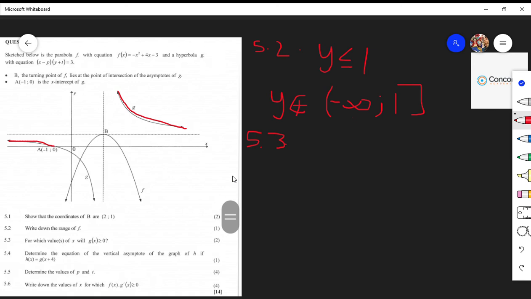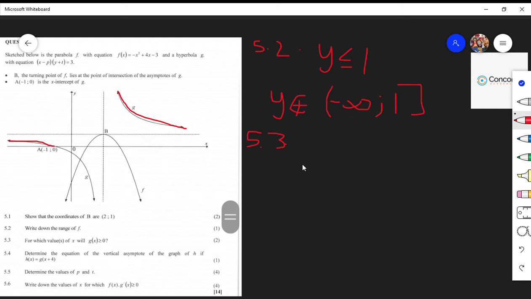So when we answer this question, we're going to have an inequality, and we're going to represent all the values on the left of -1. So let's start with the -1 part.